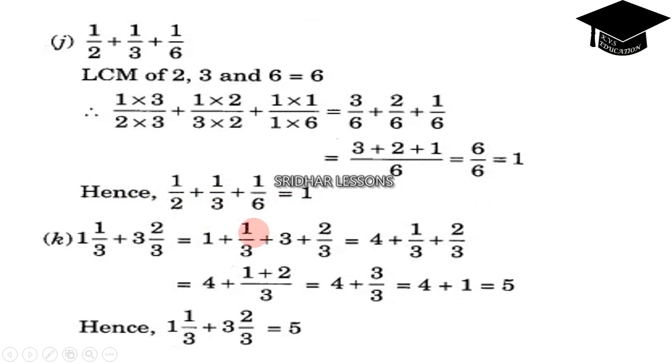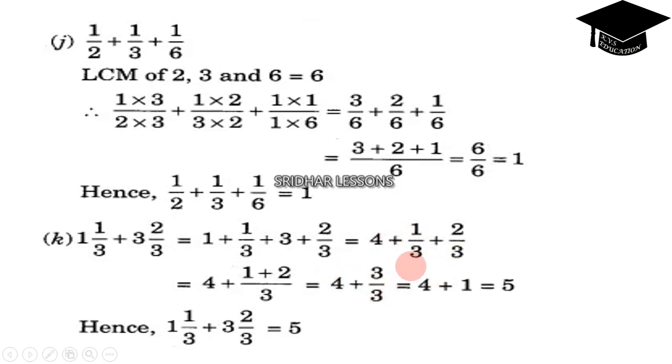Okay. Next problem, it's an addition of mixed fractions 1 into 1 by 3 plus 3 into 2 by 3. So what we have to do, we can make this as 1 plus 1 by 3 plus 3 plus 2 by 3. Okay, if we can add 3 plus 1, this is 4 plus 1 by 3 plus 2 by 3.